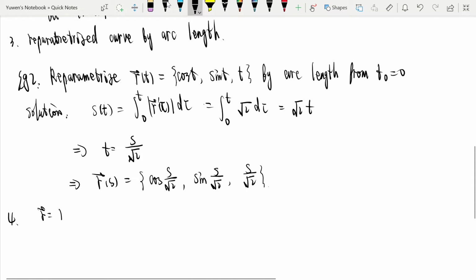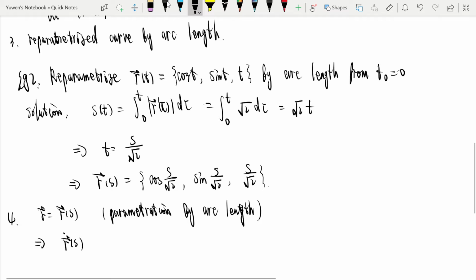If r equals r(s), that is the representation or parametrization by arc length, then the length of the derivative is a unit vector.